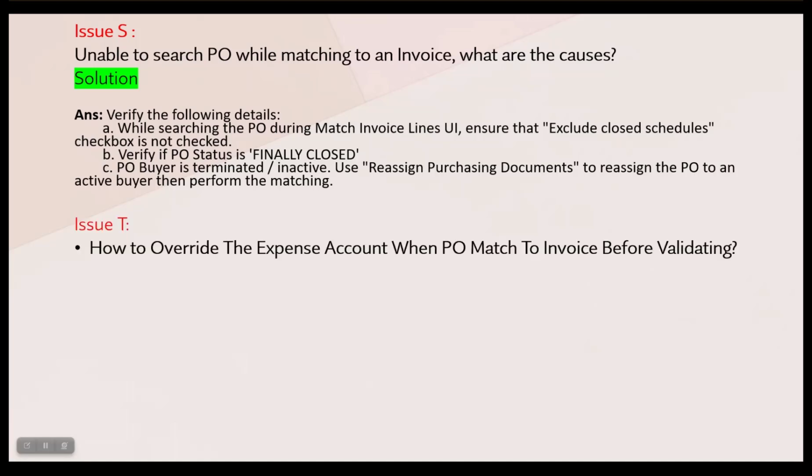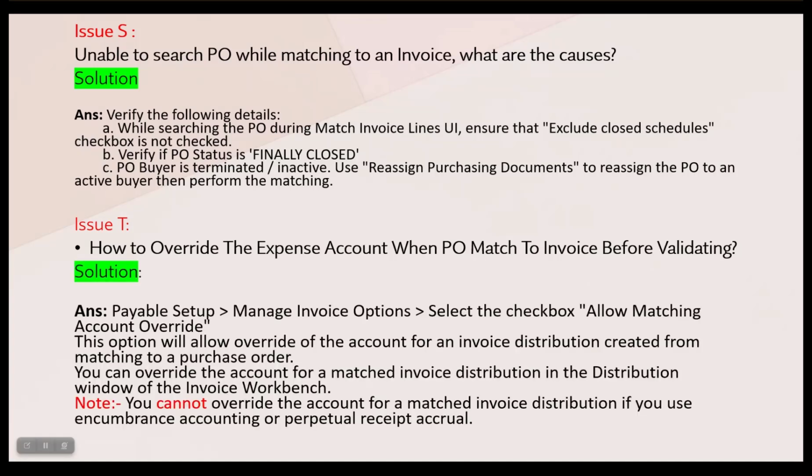What next? How to override the expense account when a PO is matched to an invoice before validating. Payables setup, Manage Invoice Options. There is one option, Allow Matching Account Override. This option will allow override of the account for an invoice distribution created from matching to a PO. You can override the account for a matching invoice distribution in the distribution window of the invoice workbench.